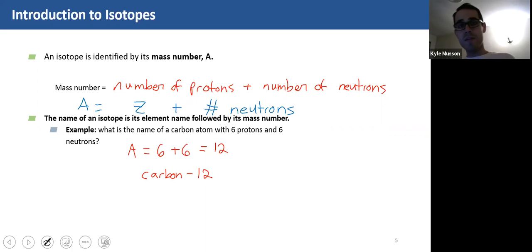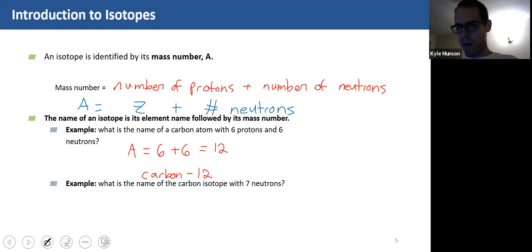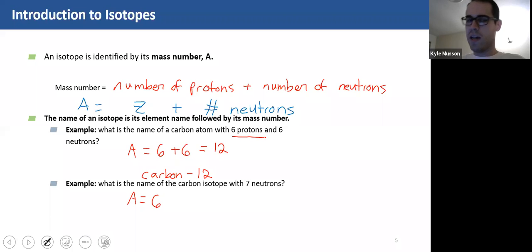Let's do some more examples together. What is the name of a carbon isotope with 7 neutrons? Again, if we go back to our formula, A is equal to 6 plus 7, because remember the number of protons isn't going to change. All that's changing is the neutrons. This is 13, so it's going to be carbon-13.